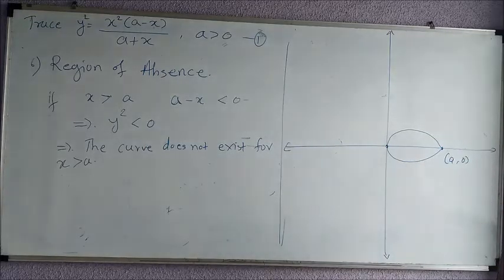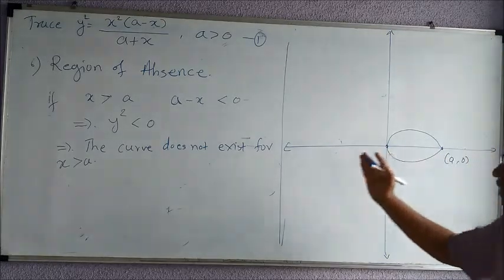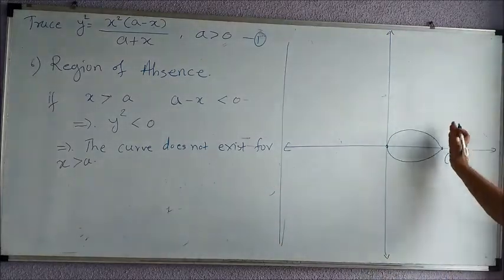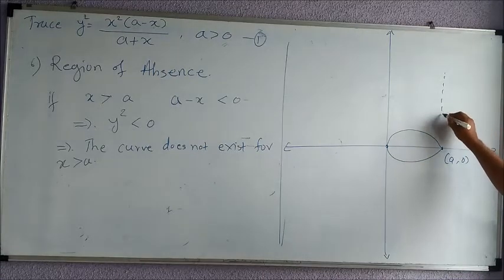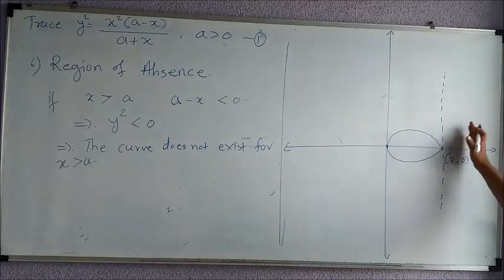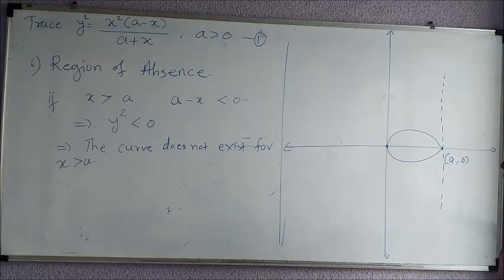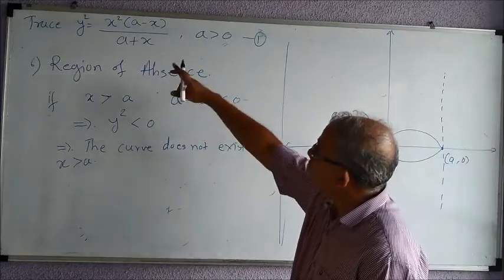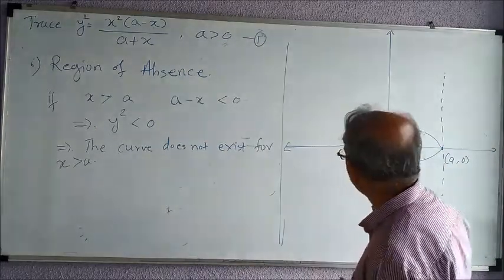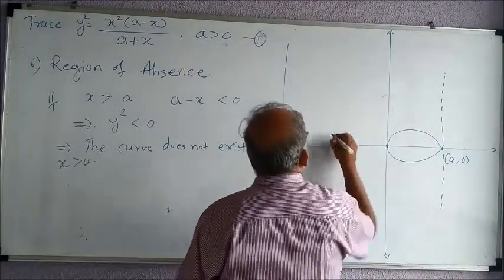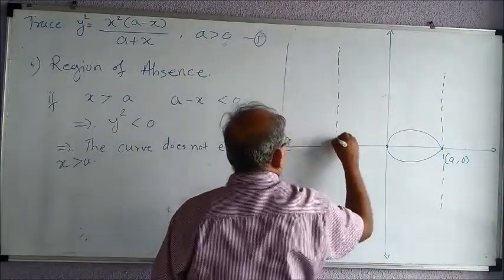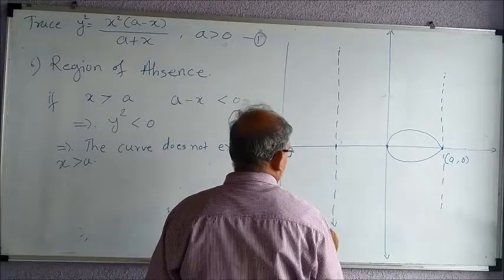something like this. Then after x equal to a, for x greater than a, there will be no part of the curve. So after this line there will be no part of the curve. And these are the asymptotes, right? So the asymptote is x equal to minus a. This is the asymptote.